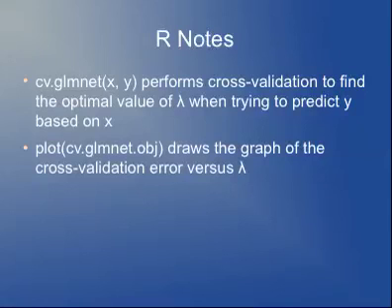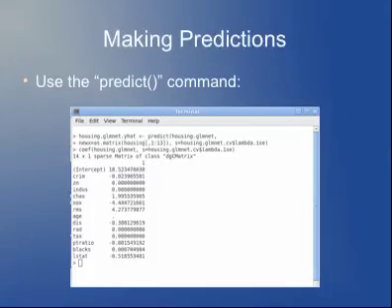And if you want to make predictions, that's thankfully less clunky in glmnet than it is with lm.ridge. It's still a little bit clunky, but less so. There is a predict command for glmnet that works okay.